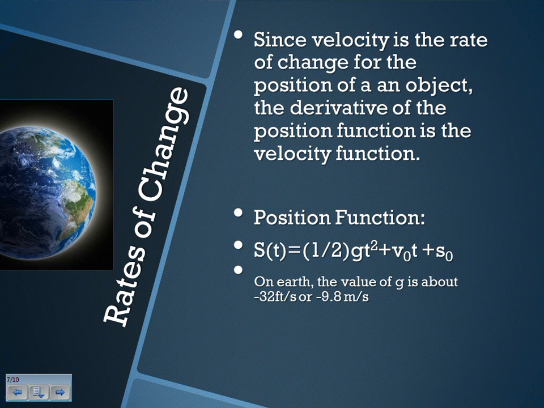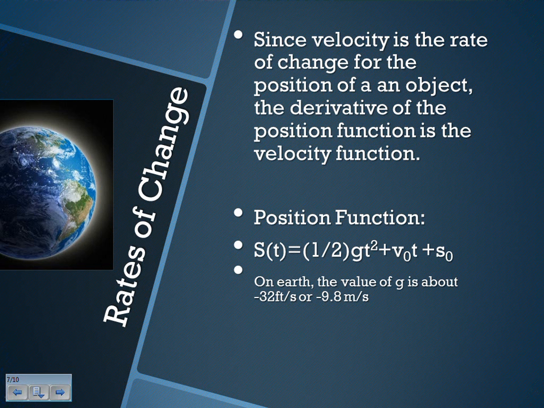Since velocity is the rate of change for the position of an object, the derivative of the position function is the velocity function. And that's a really powerful idea. If I know the position function, I can figure out the velocity at any point in time for that object in motion.